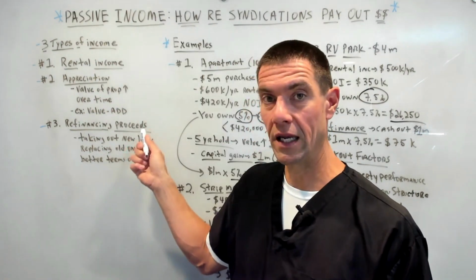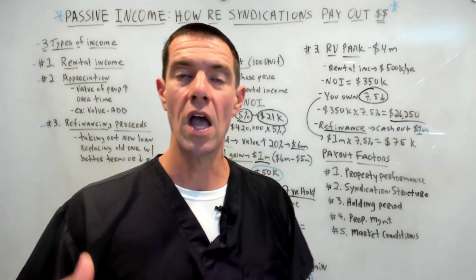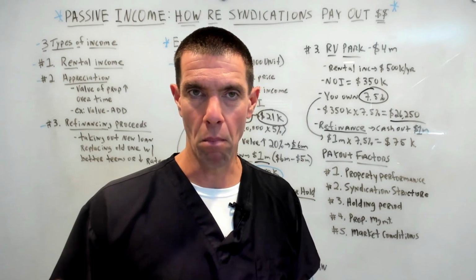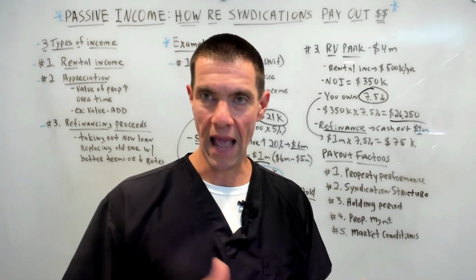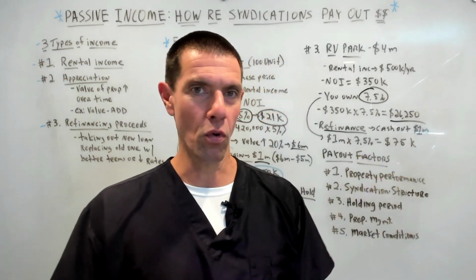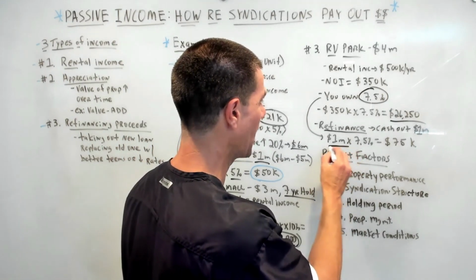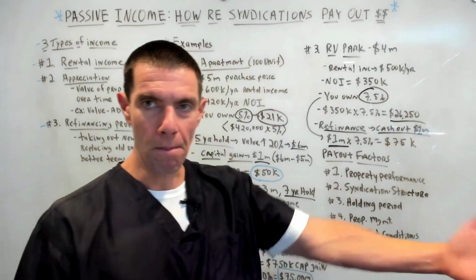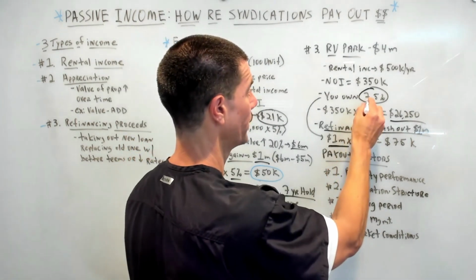Now, 3 years into the investment, the syndication, the group, they actually decide to refinance the property. Remember, you can get income from refinancing proceeds. So they go in, they refinance the property due to better, more favorable market conditions and a lower interest rate. So the new loan now not only reduces the mortgage payment, but it also allows the syndication to what? They can cash out. They actually cash out $1 million in equity. Pretty cool, right? So now remember, you own 7.5%.